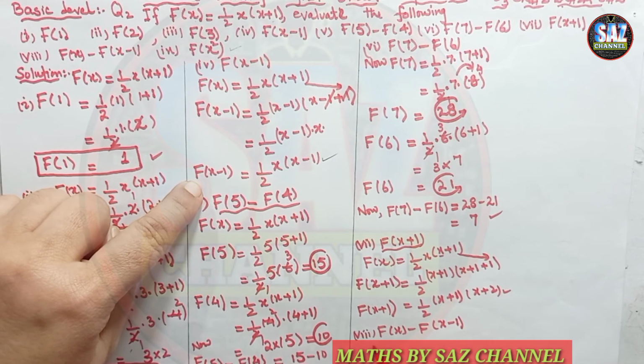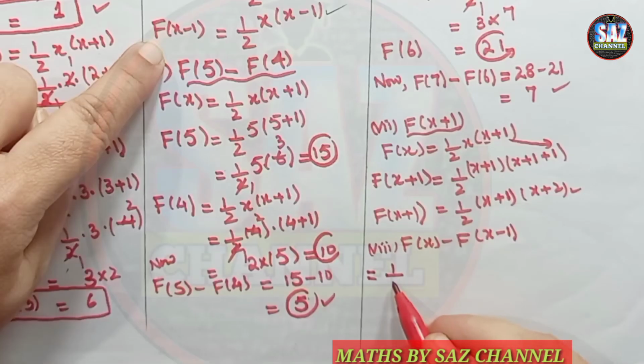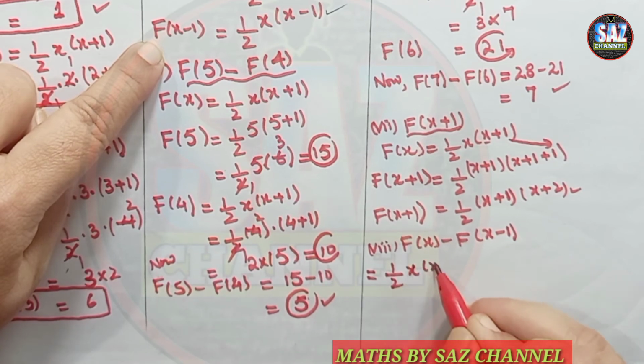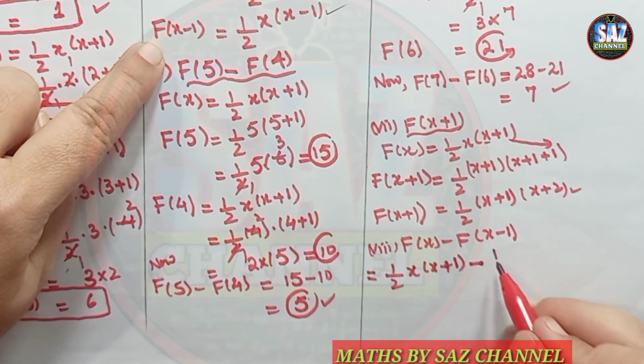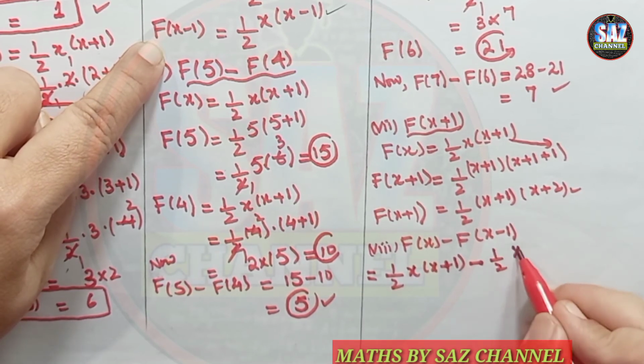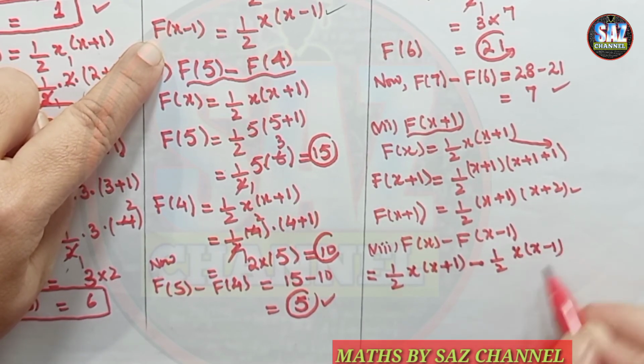So we will be using the answer from there, and the expression will take the form half into x plus 1 minus half into x minus 1.